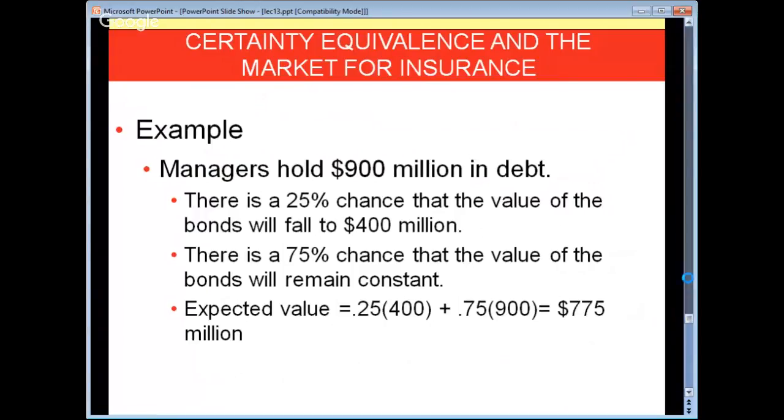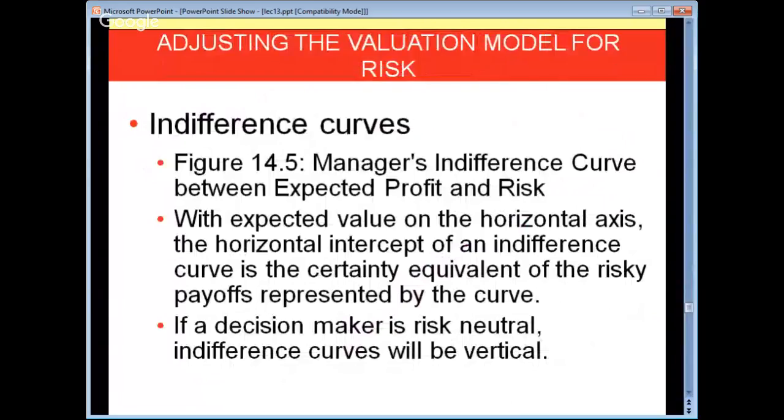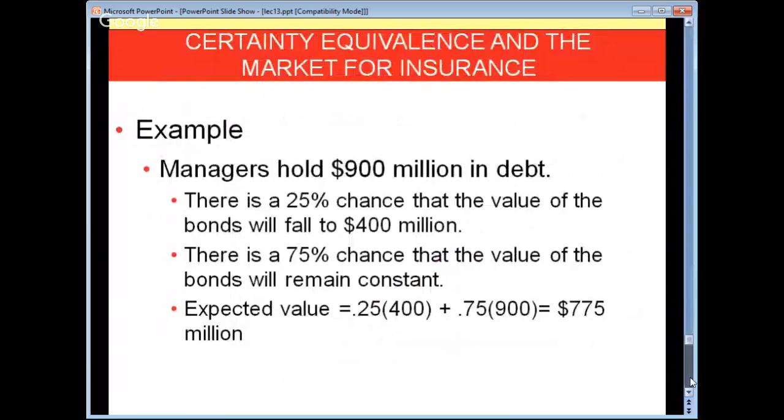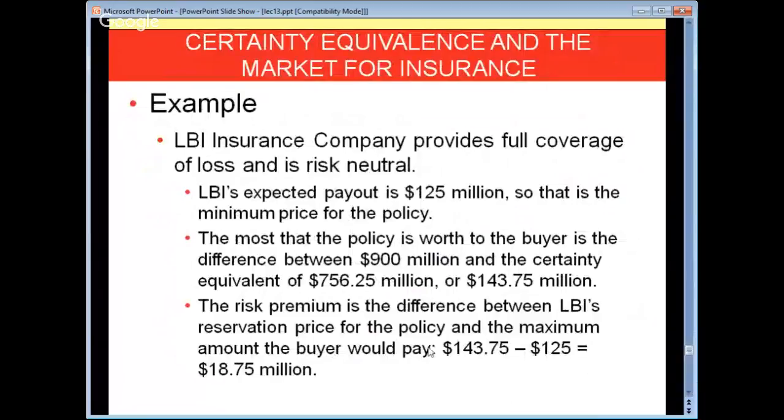Okay. So the difference between what this risk-neutral insurance company is willing to sell an insurance policy at and what he's willing to buy at is 18.75 million. And that's basically the risk premium for the person. So this guy would definitely buy that policy.